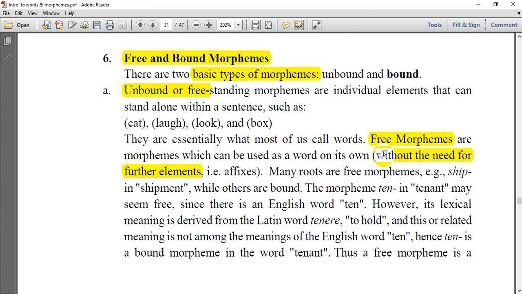It's very important to pay attention to that. Many word roots are free morphemes. For example, in shipment, ship is the free morpheme, while others are bound.